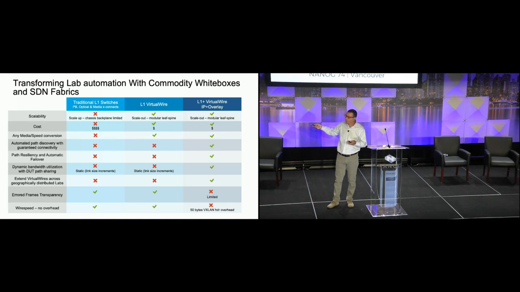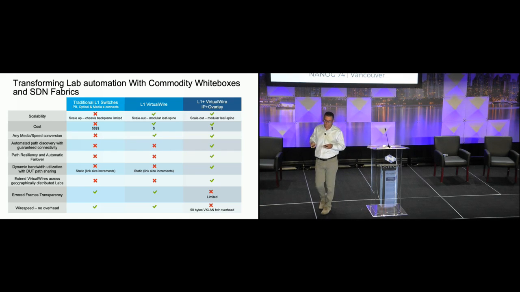Because in the end, here is not a layer 1 switch. It's still a packet device, and you're just emulating through the tricks I've shown you before. You're emulating a layer 1 circuit. So it's not truly layer 1, and you lose a little bit of transparency. But again, we're talking about 80, 90% of the applications for which actually this technology can easily replace traditional layer 1 switching technologies.